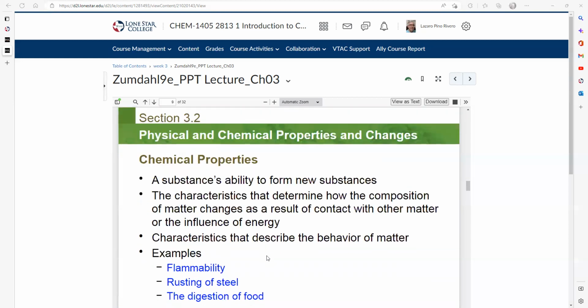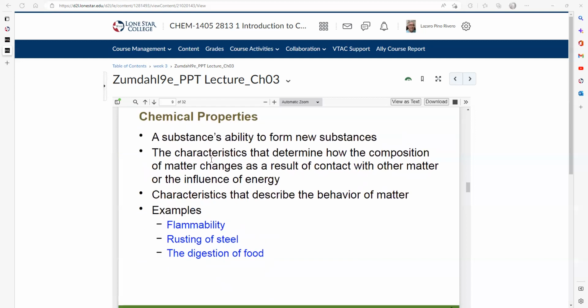In the case of the chemical properties, a substance can change into new substances when a chemical reaction happens.